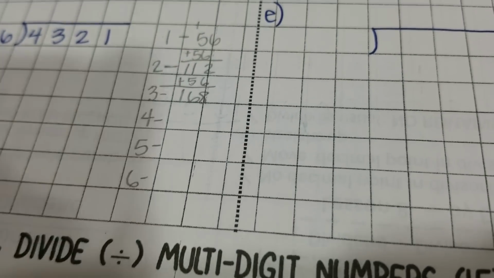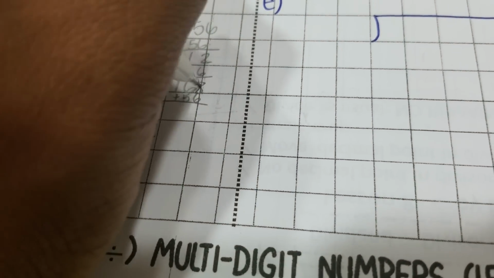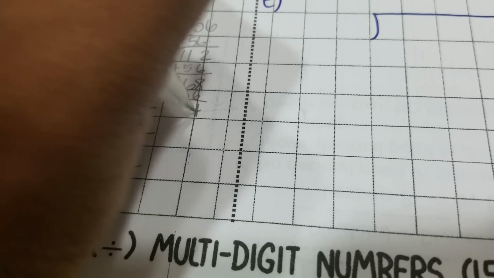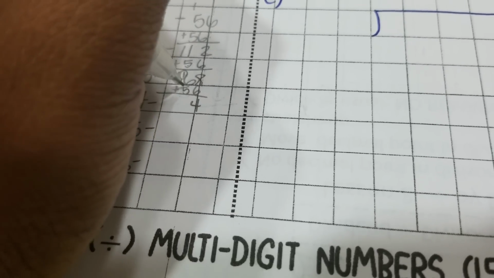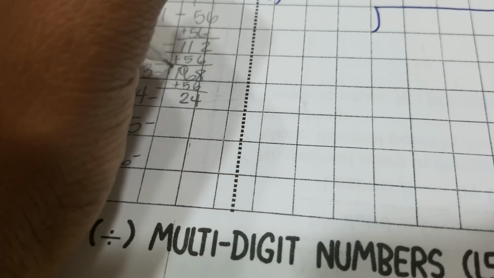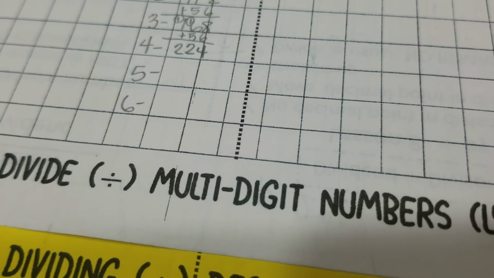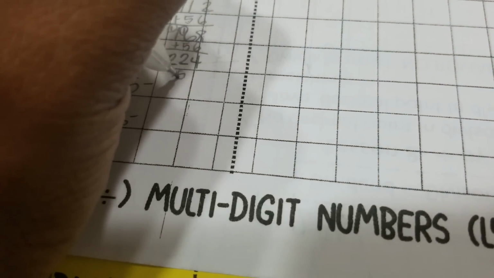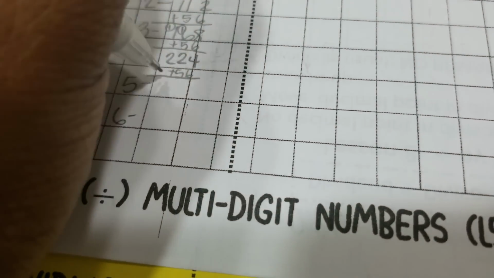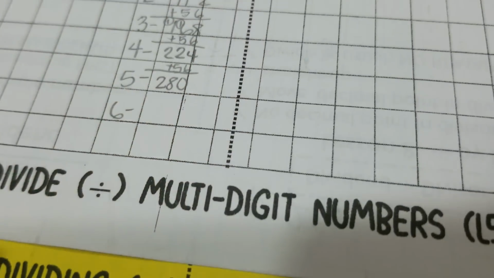Okay. 168 plus 56. 8 plus 6 is 14. Carry a 1. 6 plus 1 is 7, plus 5 is 12. Carry a 1. 1 plus 1 is 2. Add 56 again, and we end up with 280. Okay.